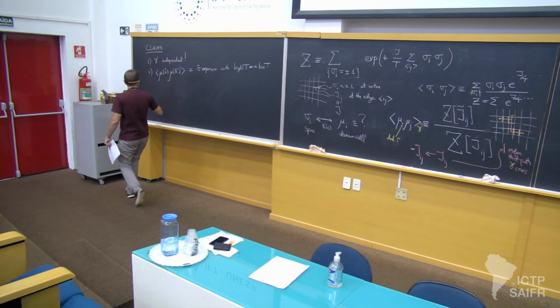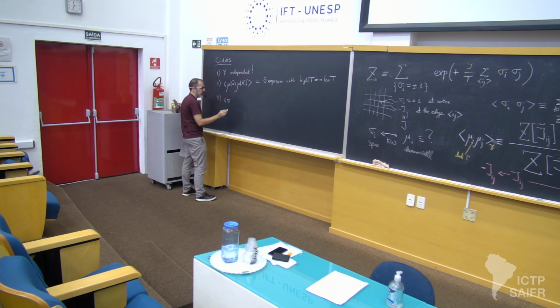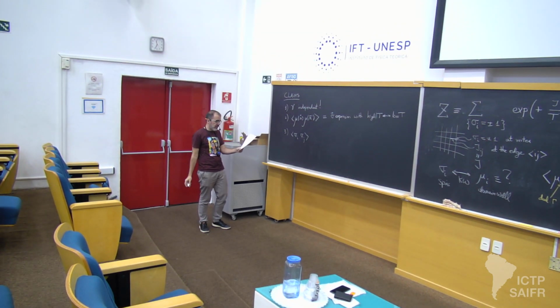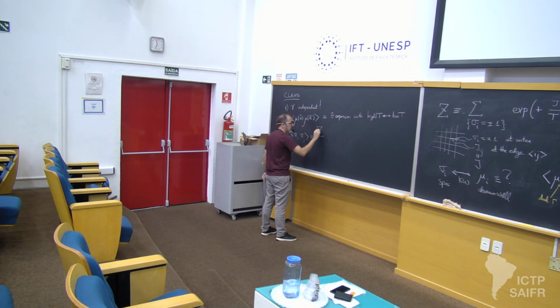And actually, we will show this claim by showing point 3, which is that the sigma correlation function, sigma i, sigma j, whose definition is the usual one, where I compute the average by computing the expectation value of this object, is actually also given by a ratio of partition functions.